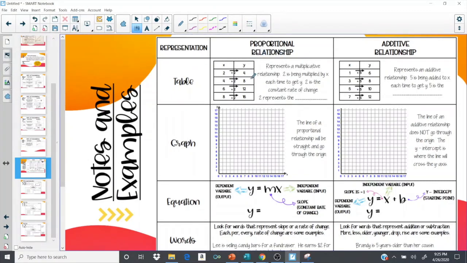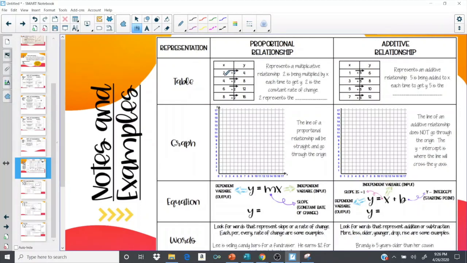So in a proportional relationship, the table will show a multiplicative relationship between the x and y values, which means in order to get y, you must multiply x. So 2 is being multiplied by x each time to get y.